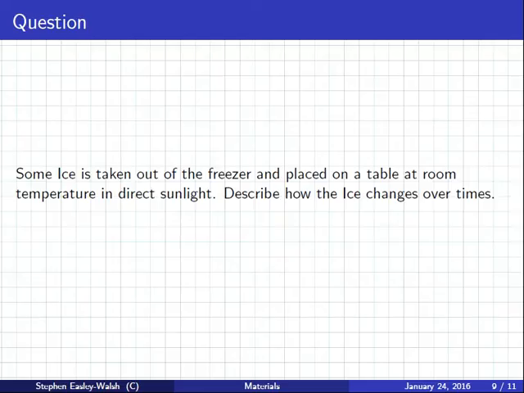After it's a liquid, how does it become a gas? I mean to say, what's the word for liquid to gas? Evaporate, good. So the sunlight heats the liquid water and it evaporates and becomes a gas, steam.